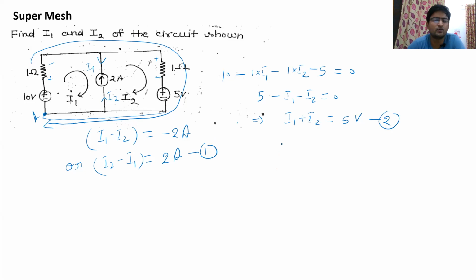And now we can easily solve these equations to get our values of I1 is equal to 1.5 ampere, sorry, and I2 is equal to 3.5 ampere. So this is how we apply the super mesh technique, in which there is a current source in the common branch of two meshes.